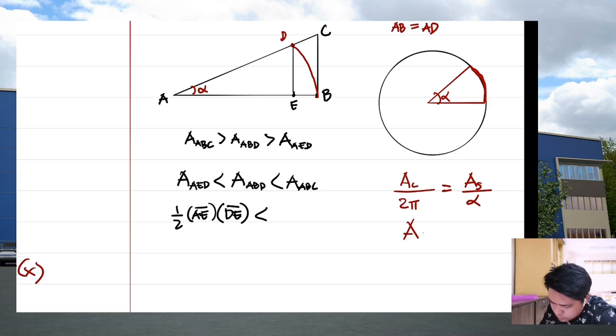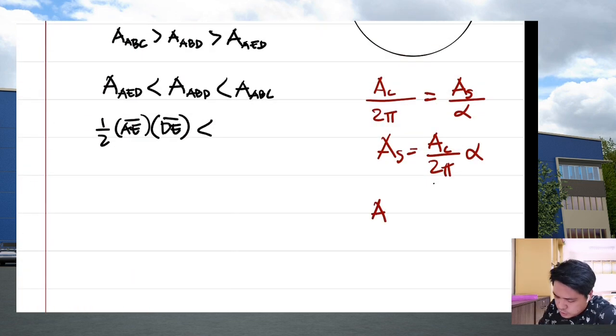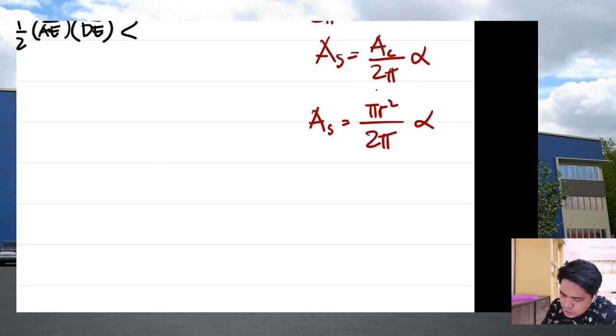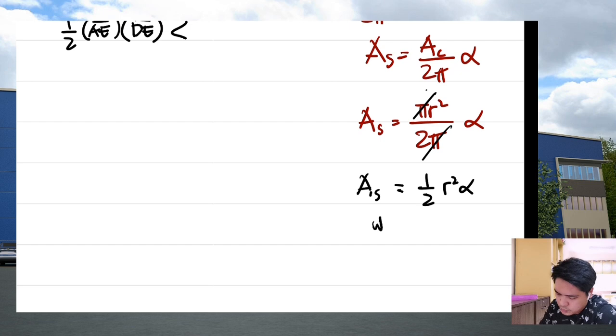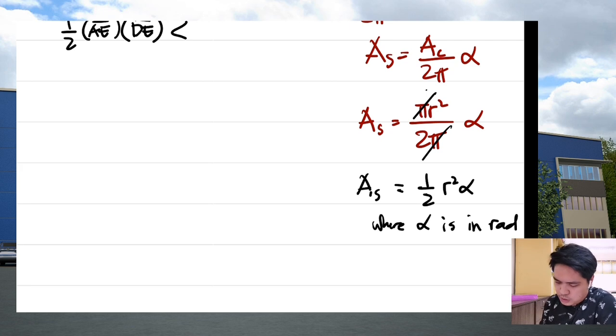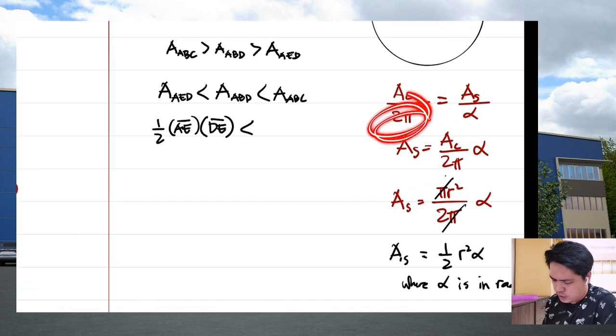Okay, so therefore the area of the sector is equal to, eto, transpose lang natin dito, area of the circle over 2 pi times alpha. The area of the sector is equal to pi r squared over 2 pi times alpha. So from here we could cancel out pi. So area of the sector is just equal to 1/2 r squared alpha, where alpha is in radians, because sa ratio proportion natin we use 2 pi which is in radians, so this should follow na in radians.